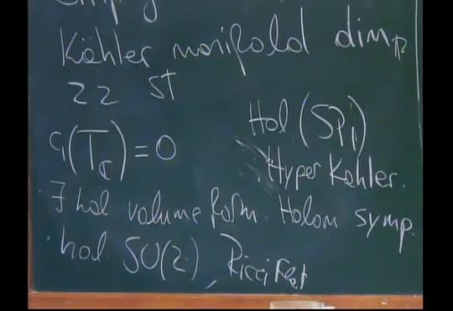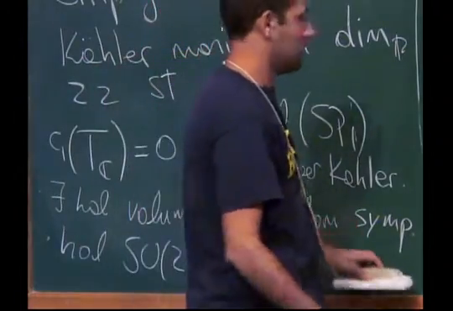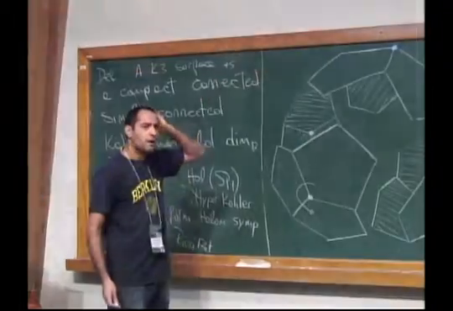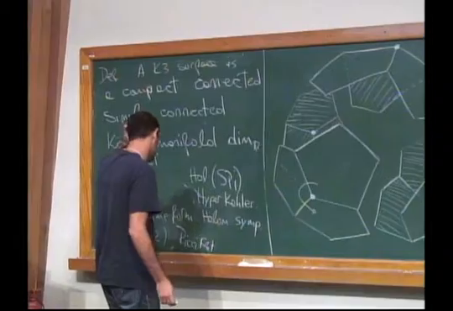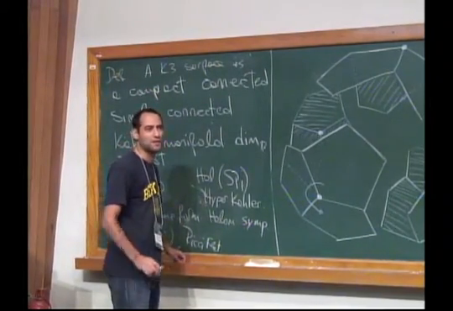And you might be interested in them for different reasons. Constructing hyperkähler manifolds is not trivial. And if you have a conjecture about hyperkähler manifolds, you might want to test them on K3 surfaces first. No, but I just chose to have this definition. I'm not going to need this.